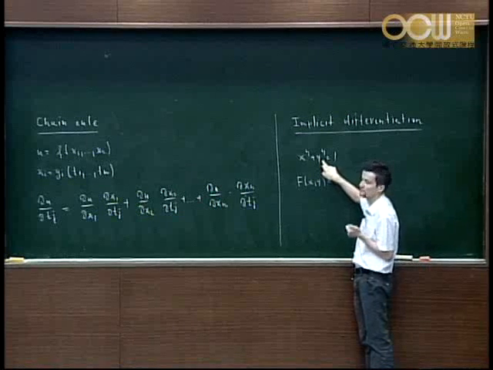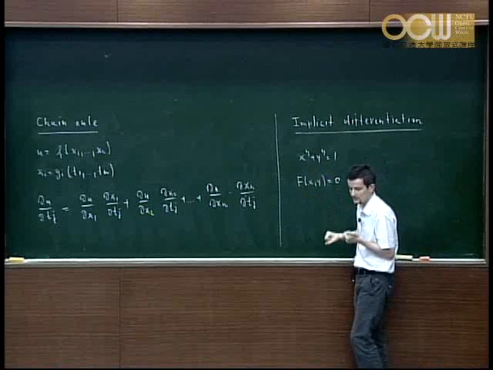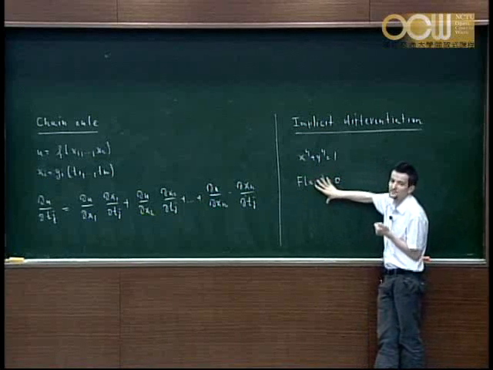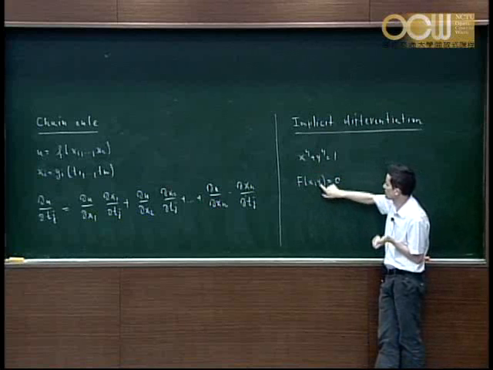And normally you cannot solve for y. So how to see just from the equation that such an equation defines a function implicitly, so y is equal to y of x?